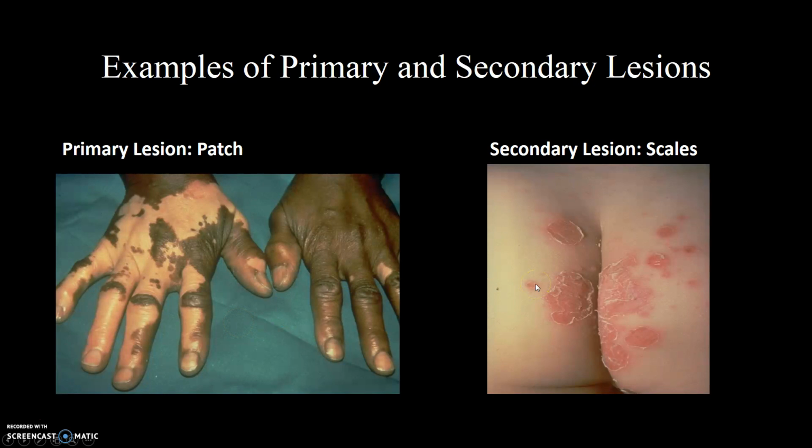On the left is a secondary lesion, and the one that I provided the visual is a scale. In this particular case, the person had vesicular lesions, and they ruptured and started to dry, and they left the patient with a secondary lesion or a scale.